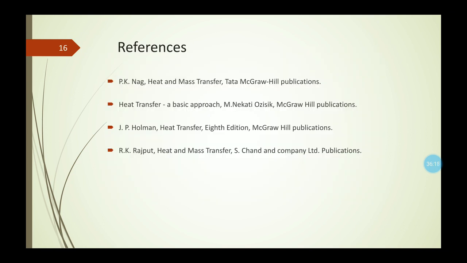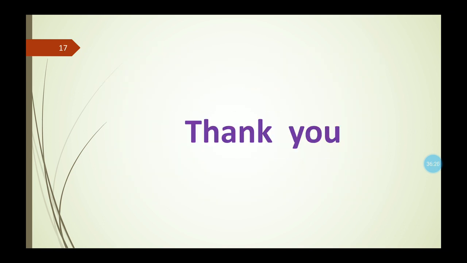These are the references, and this is the end of today's lecture. In the next lecture we will be discussing the critical thickness of insulation and the critical radius concept. There is one derivation for the critical radius, and based on that we will be solving different numericals. Okay, this is the end of today's lecture.